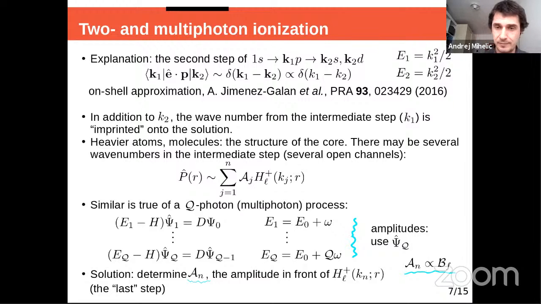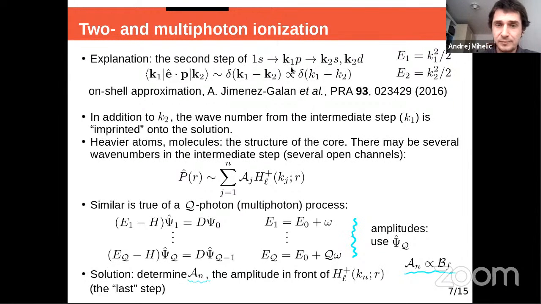Well, this becomes clear if we look at two-photon ionization in hydrogen. We start from 1s, and if we are above the threshold, we proceed through some continuum state, and by absorbing another photon, we end up in a higher lying continuum state.